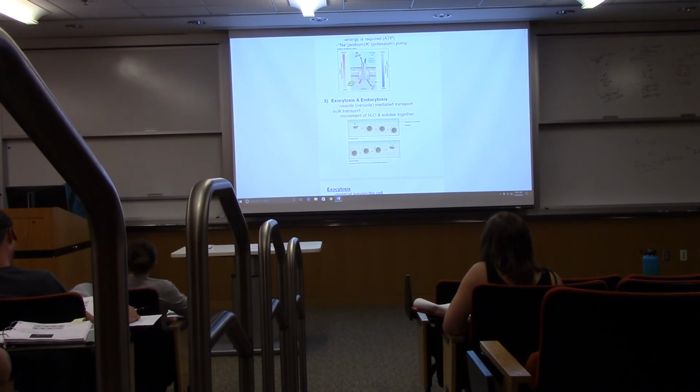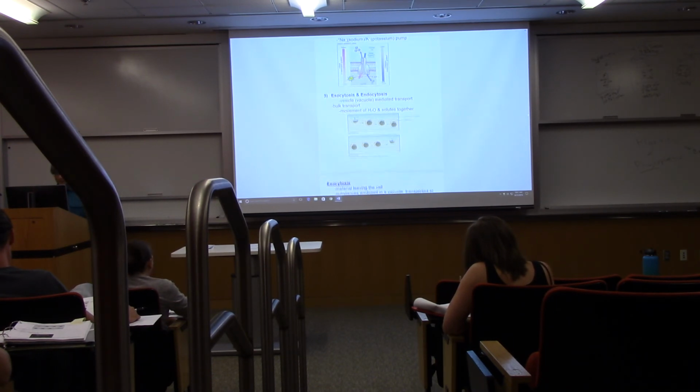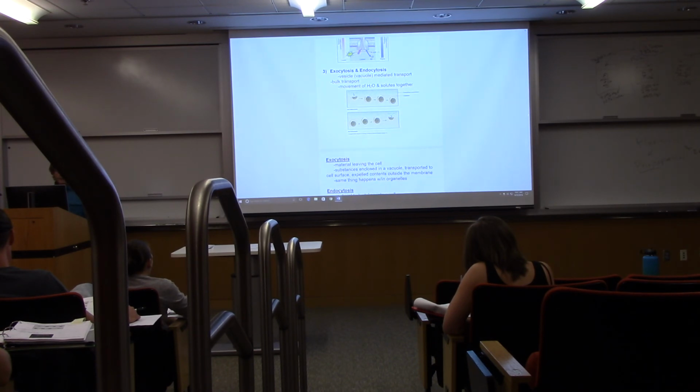Whenever you see these circles and tails and circles, that's a phospholipid membrane. In exocytosis and endocytosis, a vesicle, a membrane-bound vacuole, okay?